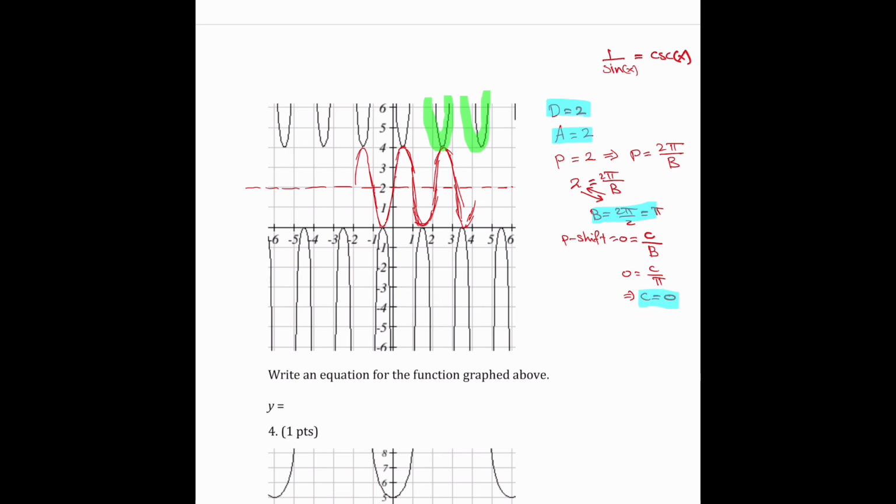Now, to write down the function, we're going to follow the general form. The general form says y equals A, and then sine or cosine or tangent or whatever. In this case, we're working with cosecant, so I'm going to say cosecant Bx minus C plus D. I put cosine there accidentally, so that is actually cosecant.